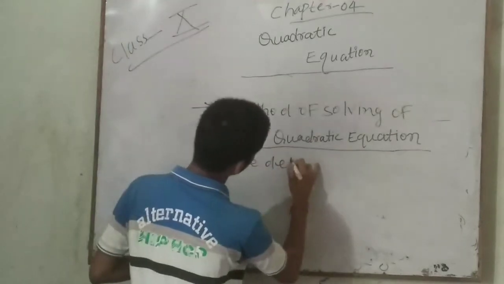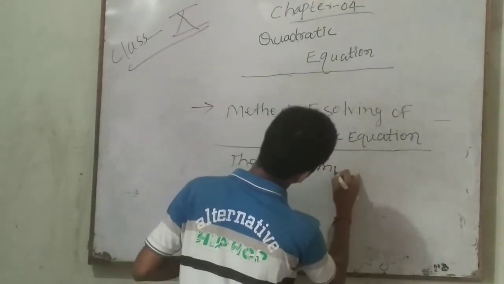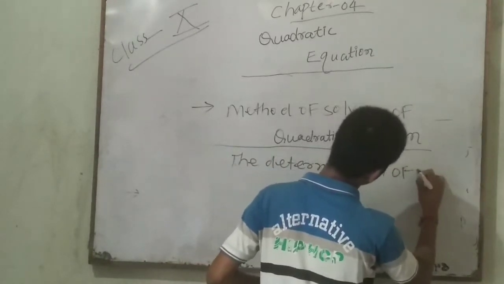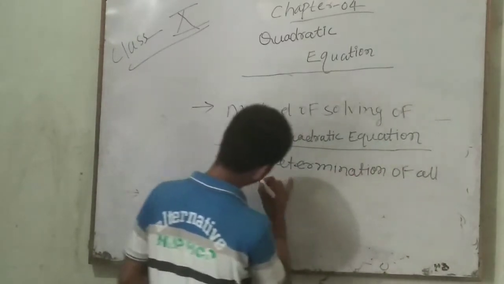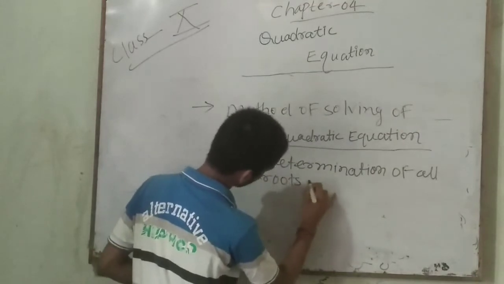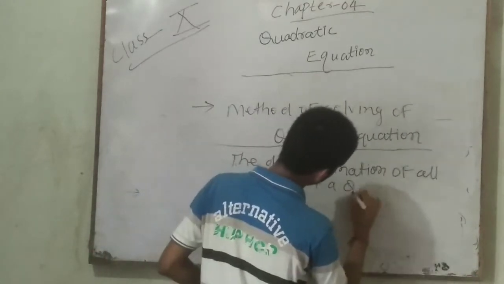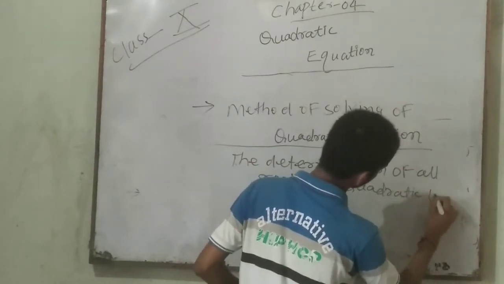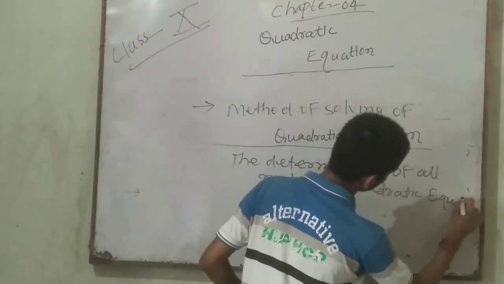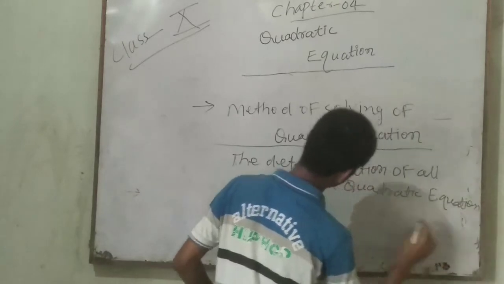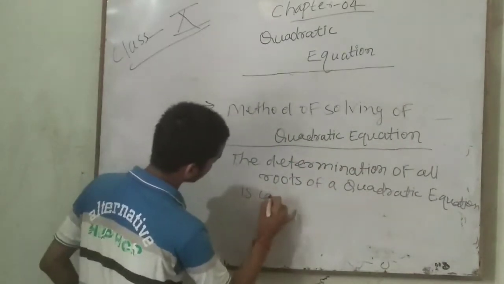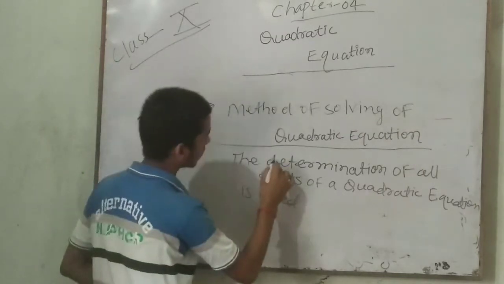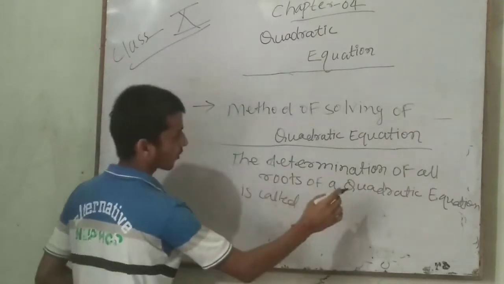The determination of all roots of a quadratic equation is called solving of a quadratic equation.